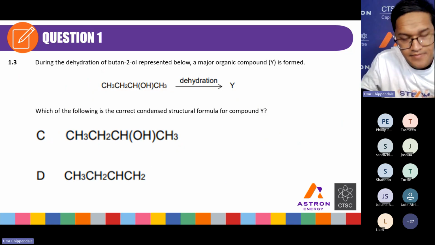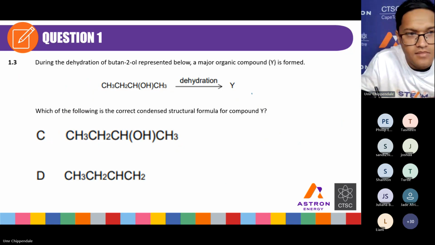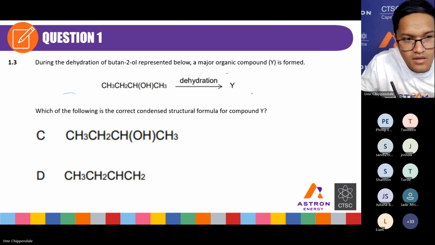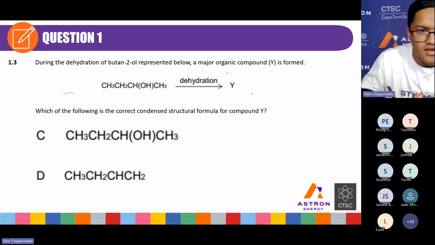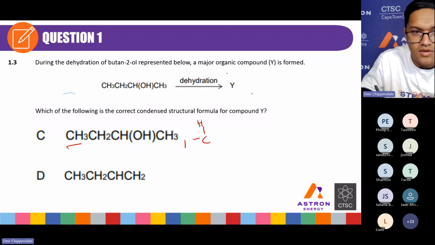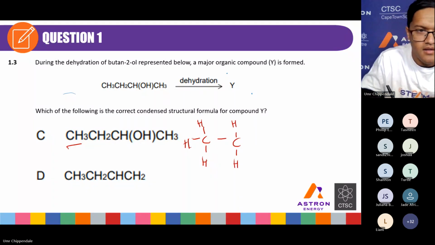So let me get my marker again. Okay, there we go, just changing the color. Let's move on to a maroon, CH3. So we'll go again, 1, 2, and 3. And then we have our CH2, which is this.